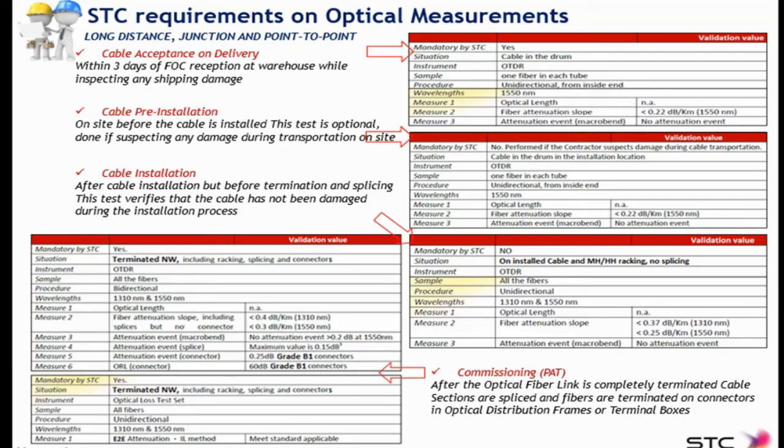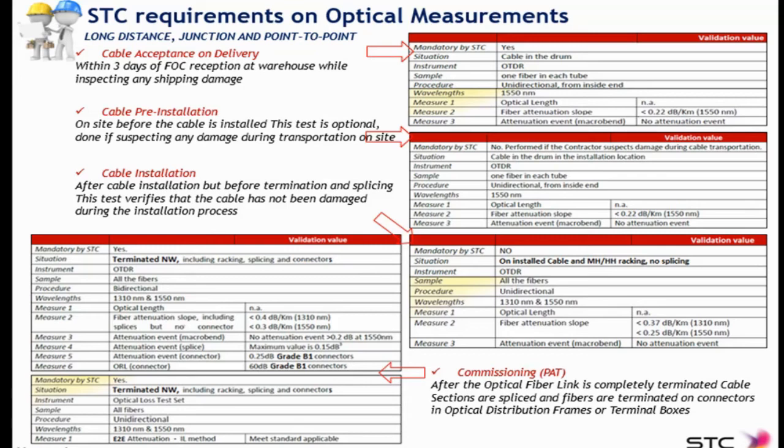So the fiber attenuation slope is a little bit more tolerant. It has to be within 0.4 dB per kilometer at 1310 and 0.3 dB per kilometer at 1550. No attenuation event has to be seen on the OTDR trace bigger than 0.2 dB at 1550. So that is reducing the impact of the macrobends.